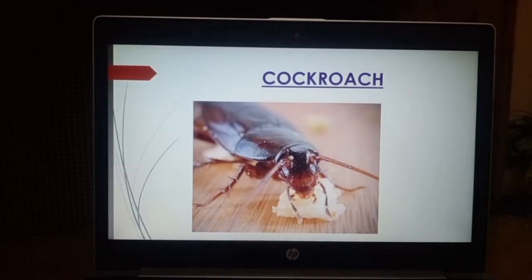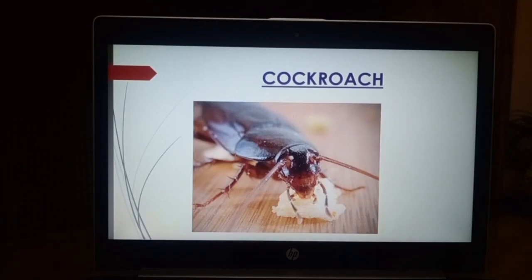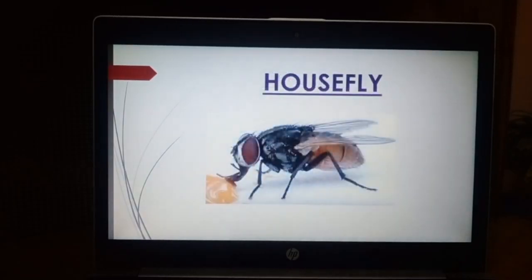Next again, it's a cockroach. Cockroach, students, it has a very special type of biting, chewing mouth parts. It has different types of mouth parts, and with the help of these mouth parts, it can take in its food very easily. Now let's take a look at our other example, that is housefly.